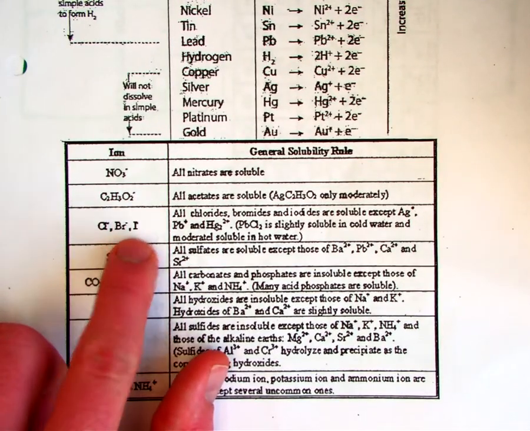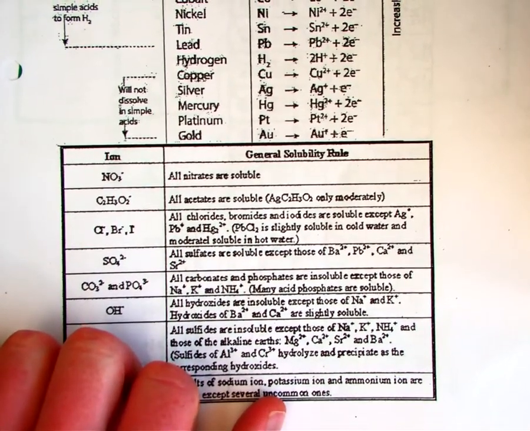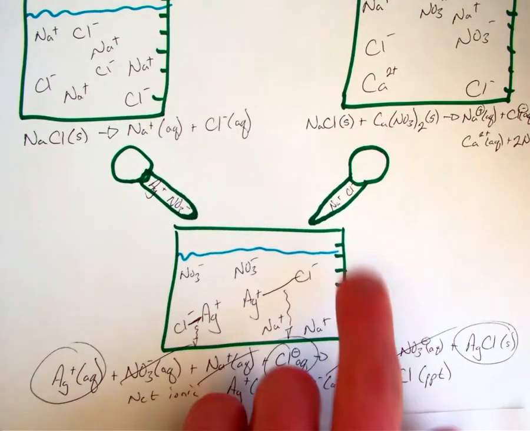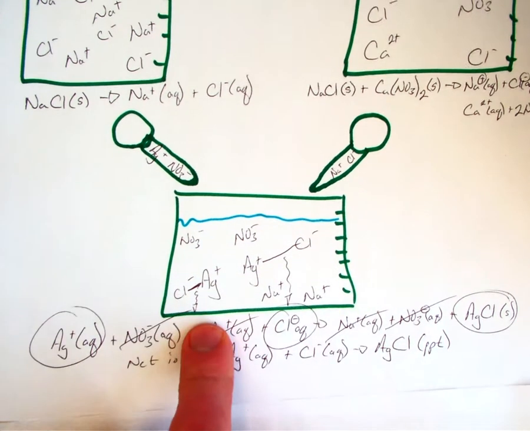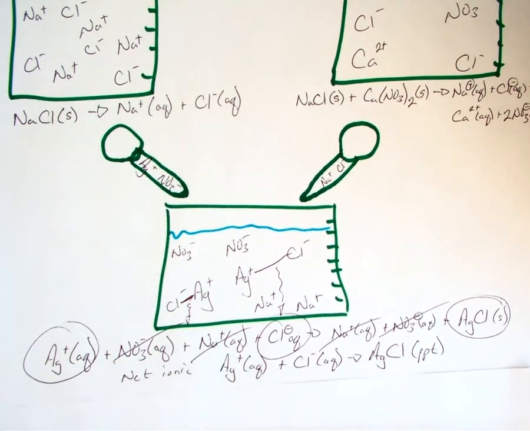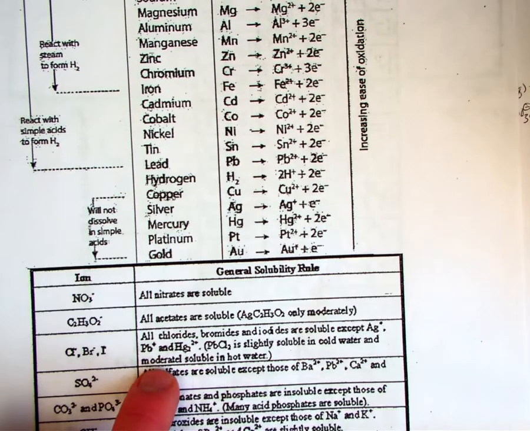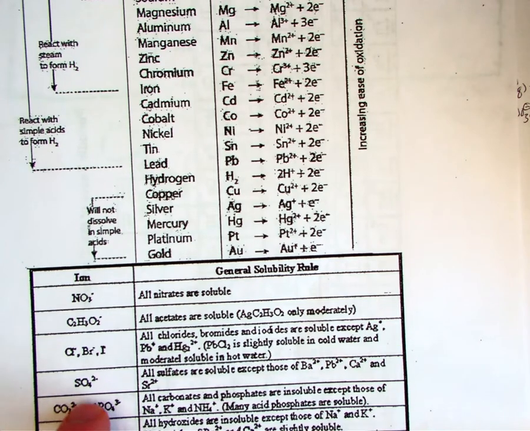Anything with chlorine, bromine, or iodine. All chlorides, bromides, and iodides are soluble except silver, which, as we see here, was soluble before. Now, when chlorine mixes with silver, it becomes insoluble and forms a precipitate. Lead and mercury. Additionally, sulfates are soluble except those of barium, lead, calcium, and strontium.